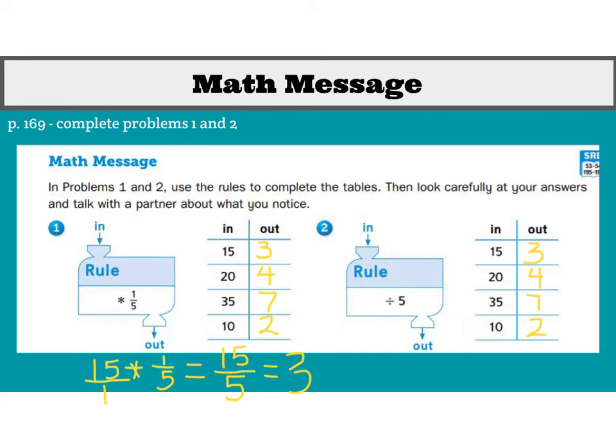And 10 divided by 5 gives us 2. So hopefully that is starting to make a little bit more sense to you. Divide by 5, that rule should be pretty clear cut. However, the first one was a little bit more complicated. So that's probably going to take some practice.